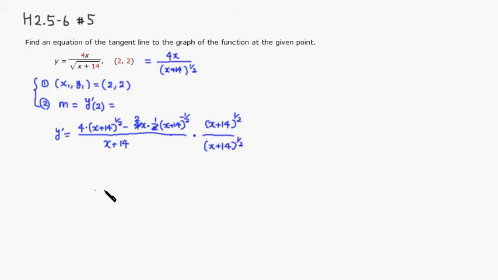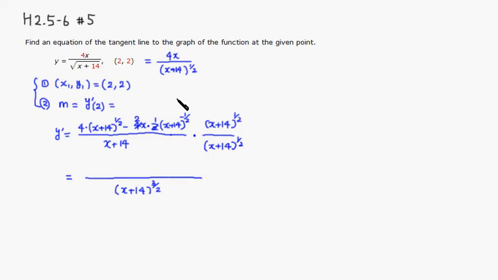So the denominator is going to be simply quantity x plus 14 raised to the 3/2 power, because first power 1 plus 1/2 gives a 3/2 power.